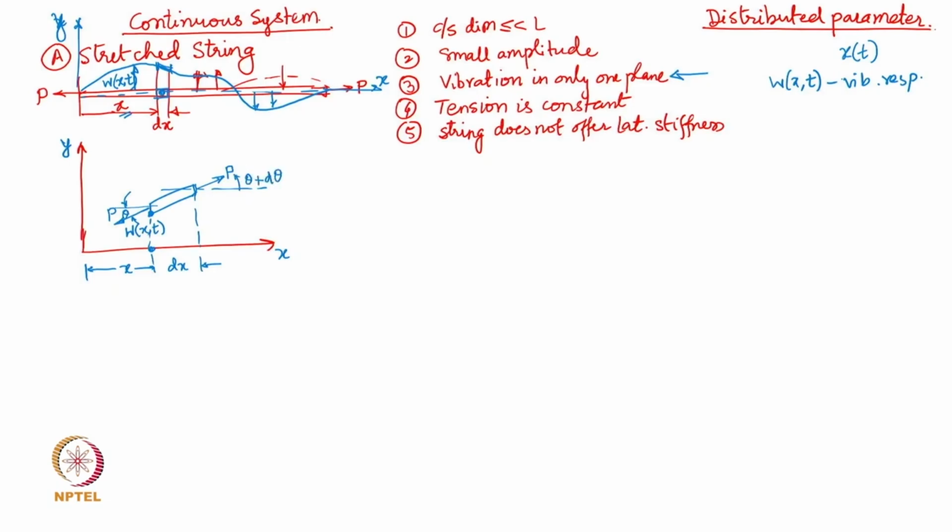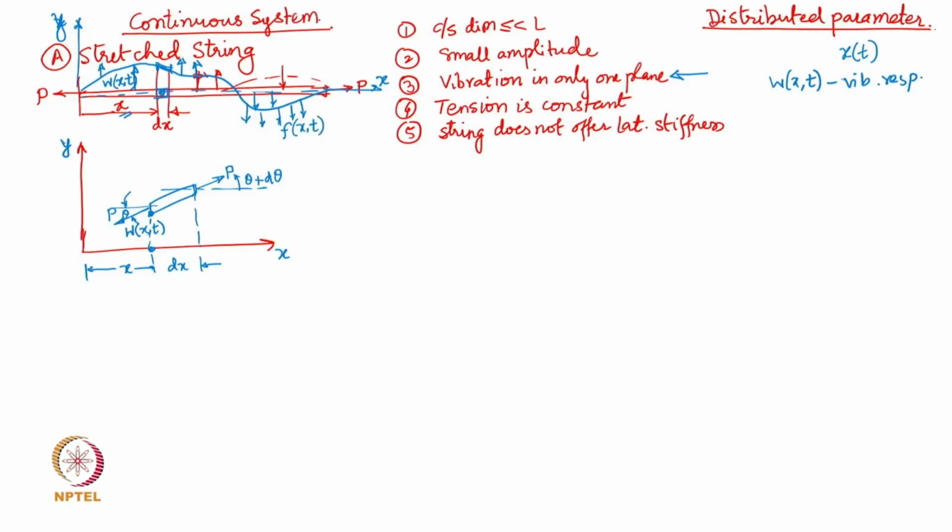Now I forgot to also mention here that the string itself will be subjected to external forces. As in any vibratory system, we can define the force f(x,t). These are the forces external to the string, distributed over the length of the string.